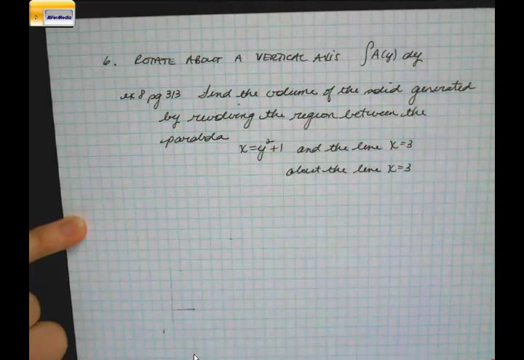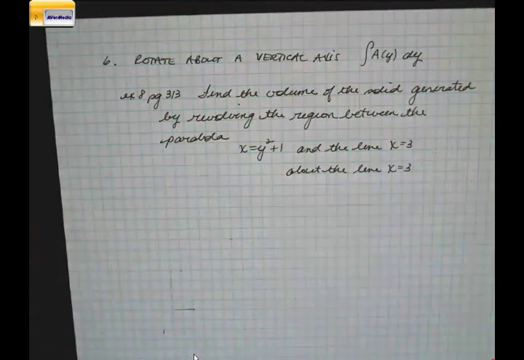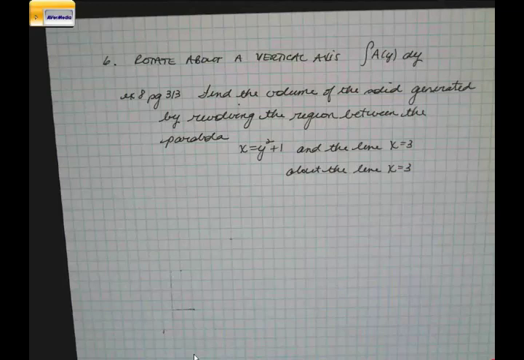So when they say about the line, that means you're revolving around the line x equaling 3 also.